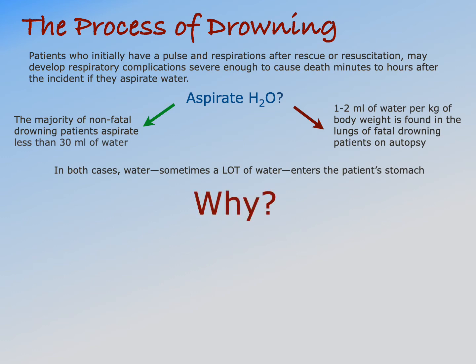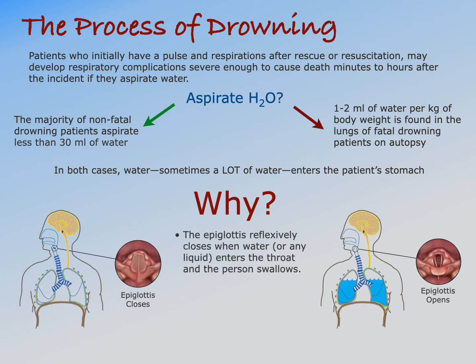Well, why? What's going on? Well, the epiglottis is a flap that covers our trachea, our windpipe. And when we swallow something, it closes and then it directs water into our stomach. And that's exactly what happens. This is a reflexive action.